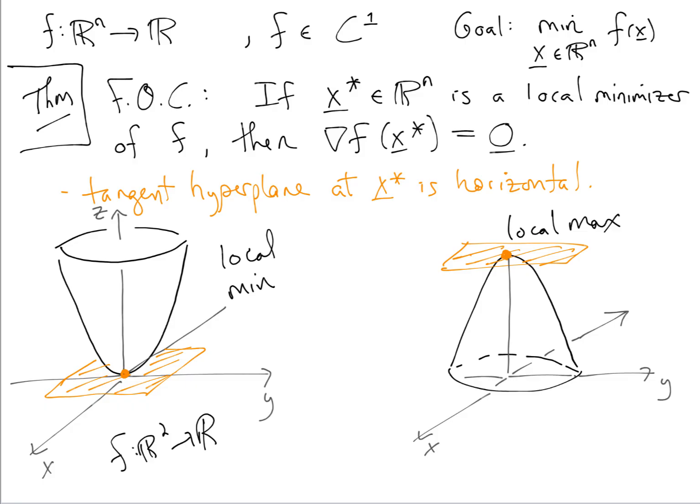In addition, we have the saddle point scenario, which is a little bit harder to draw. So we have something that looks like this. And the way we've drawn this, we do have a horizontal tangent plane here.